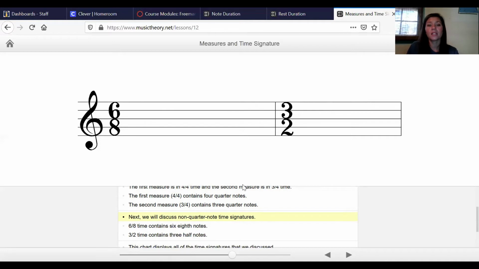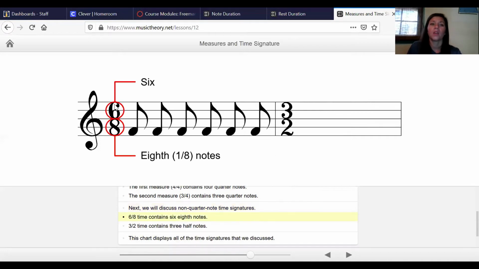So in 6/8 time, the 6 is telling us we have 6 beats, but instead of the quarter note receiving the beat, it's the 8th note that's receiving the beat. So that's what the 8 represents. The 8th note is receiving the beat. So essentially there are 6 eighth notes in this measure, but you could certainly divide it up however you wanted, as long as it fit within the confines of 6/8 time.